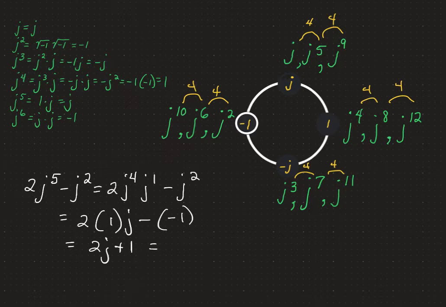But let's talk about a conventional way to write this. It involves putting the real number first, this being the real number and this being the imaginary number. Put them together and you have a complex number, which is where we have been headed since the last video. So here's a general form of a complex number.